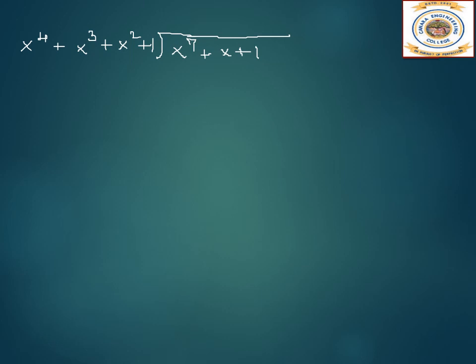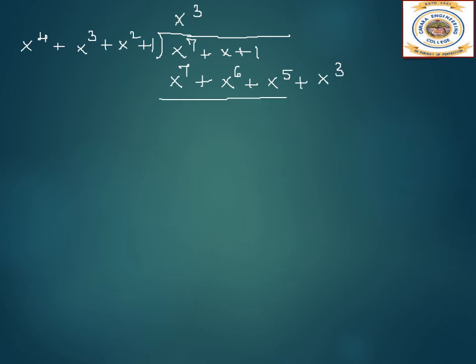I need x to the power 7, so I write x cube. x cube into x to the power 4 is x to the power 7, plus x cube into x cube is x to the power 6, plus x cube into x square is x to the power 5, plus x cube into 1 is x cube.